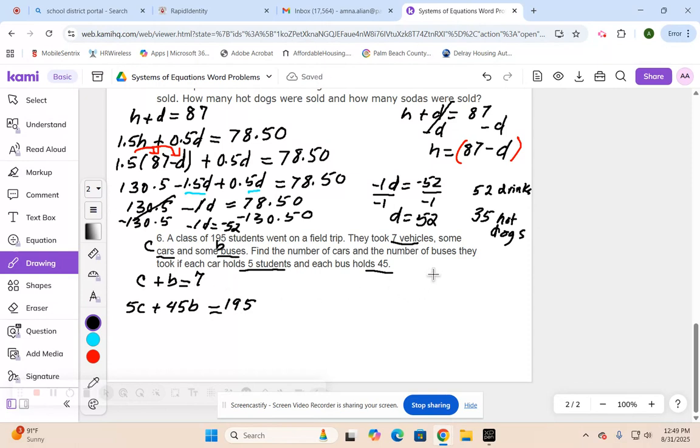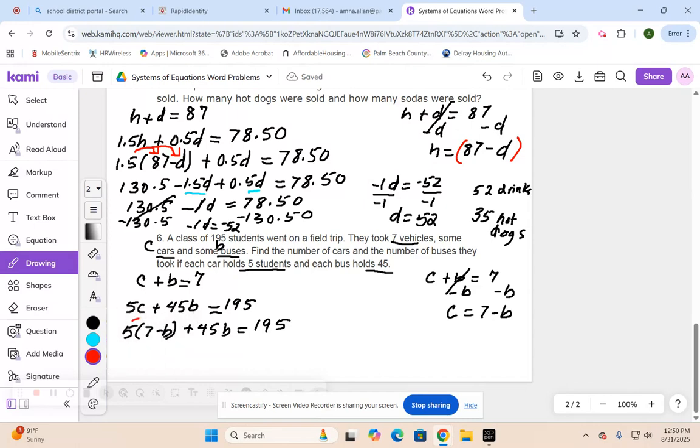Top one, we will come over here and solve it for C or B. Let's solve it for C. Subtract B from both sides. So C equals 7 minus B. So we have a replacement for C. That's going to be 5 times 7 minus B plus 45B equals 195.